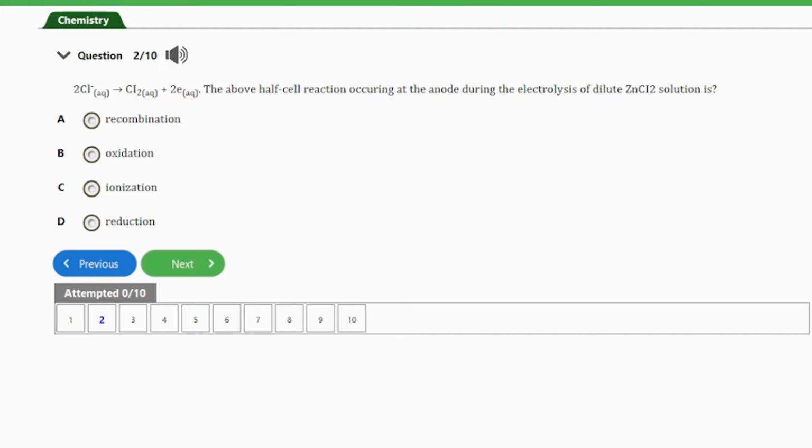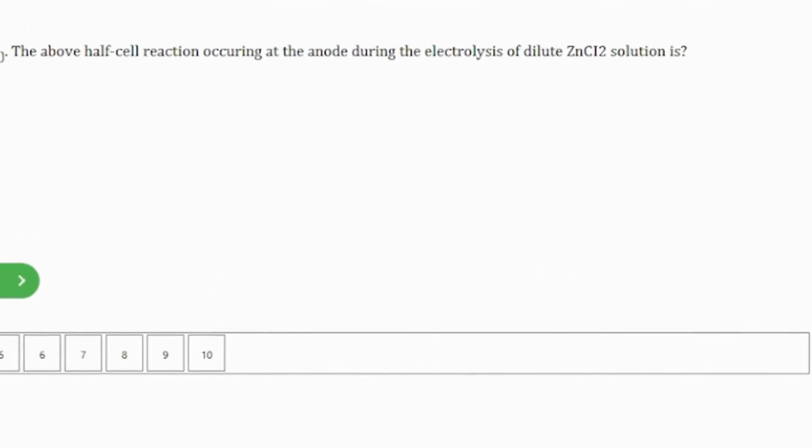So let's recall that oxidation is electron loss. I'll just zoom in right here to illustrate this for you, so you also remember again. Here I always like to think that reduction is electron gain, oxidation is electron loss.